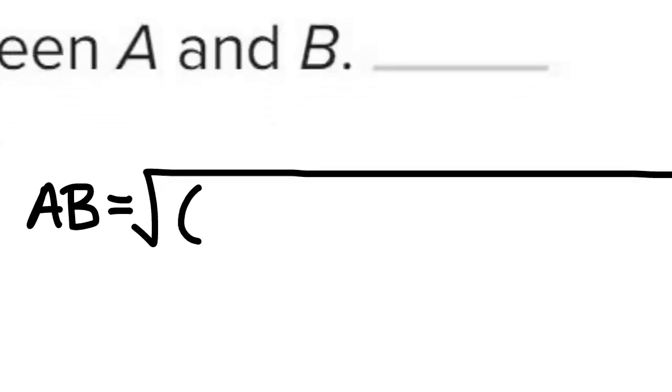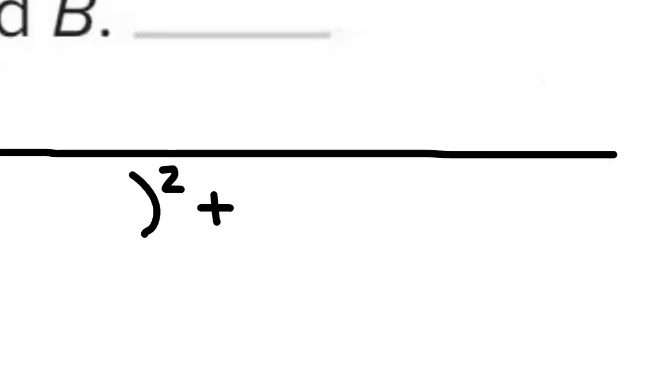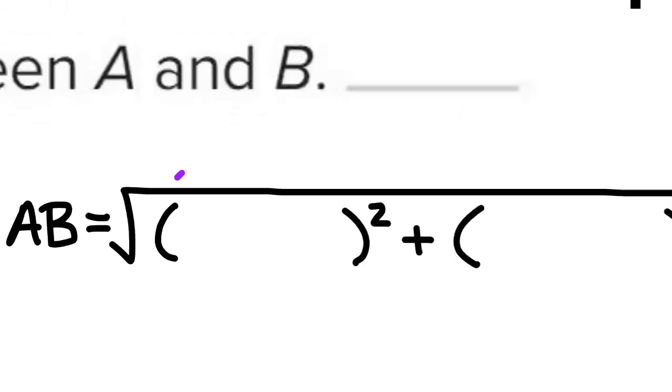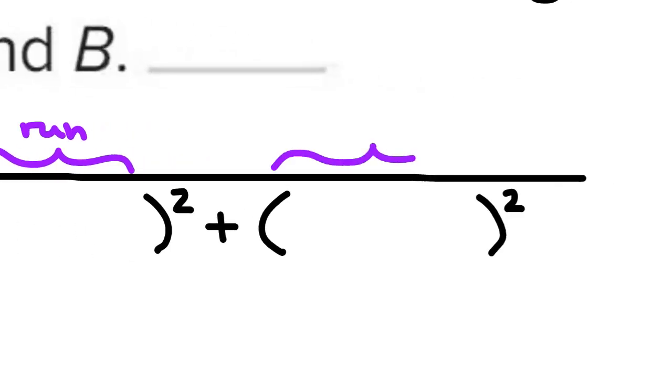I'm going to have a set of parentheses that are being squared, plus another set of parentheses that are being squared. This one right here is going to be my run. This one over here is going to be my rise.